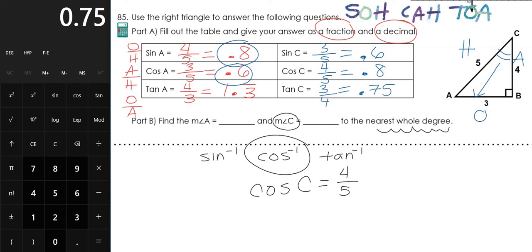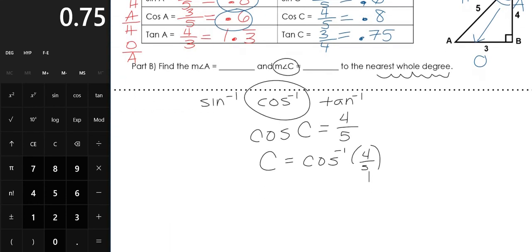Then to put into your calculator, you're going to get C by doing cosine to the -1 of 4 over 5, which is equal to 0.8.